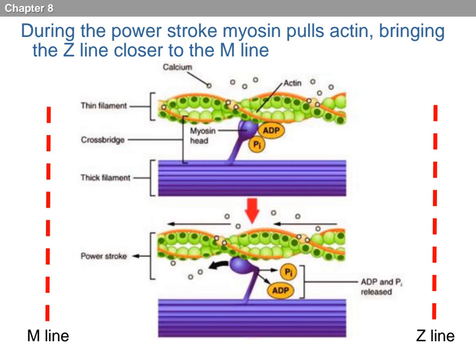Okay, we'll next look at how the actual process of contraction occurs. As I mentioned earlier, in a thick filament, you have these tails of the myosin protein, and then you have the myosin head. Now, the myosin head actually has ATPase activity. In other words, it can take ATP and hydrolyze it to ADP and inorganic phosphate.